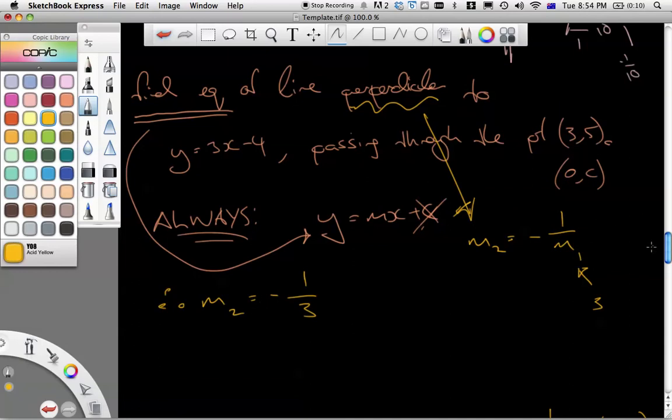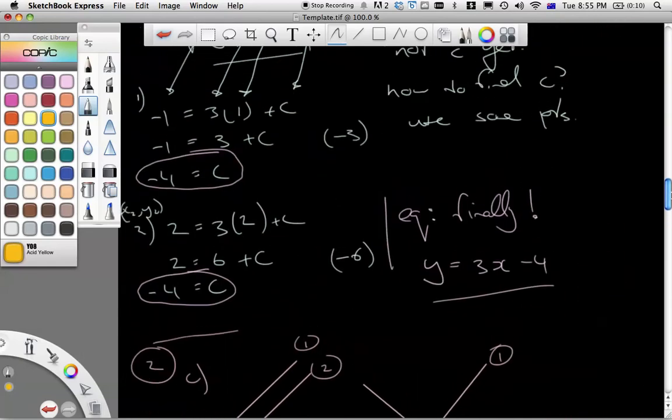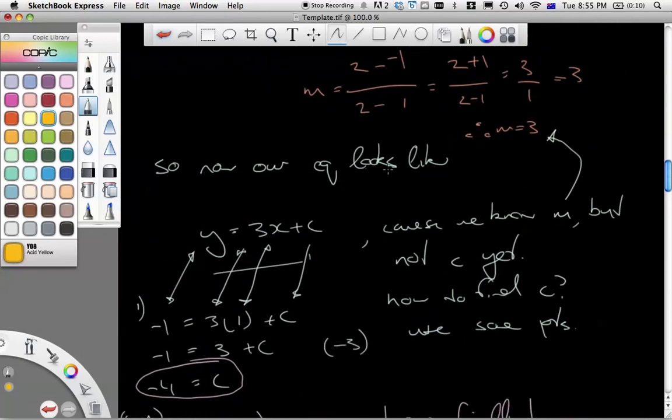So now the equation looks like y equals negative 1 on 3 x plus c. So we're at the point that we were up here before. We've got the gradient, but we don't have the c, or the y-intercept, which is c.